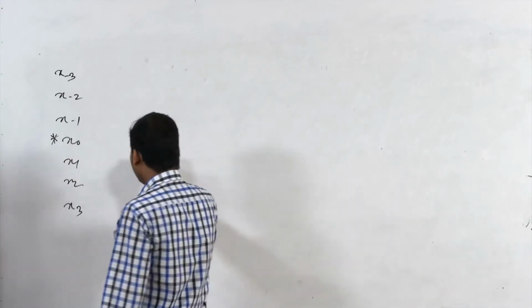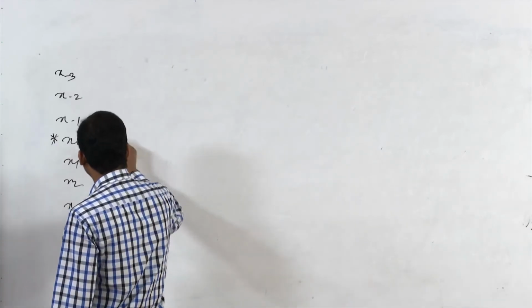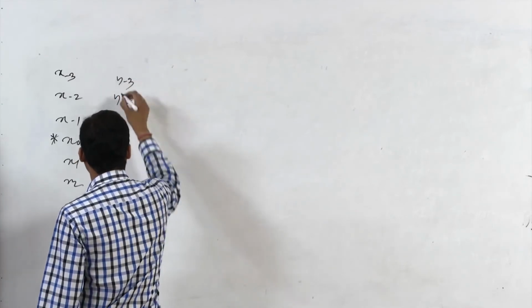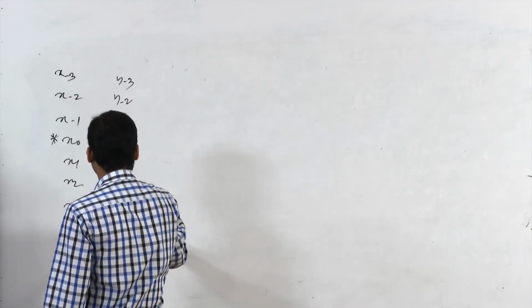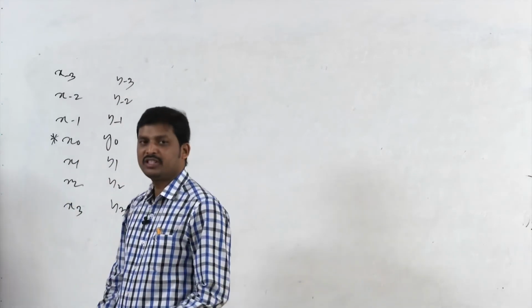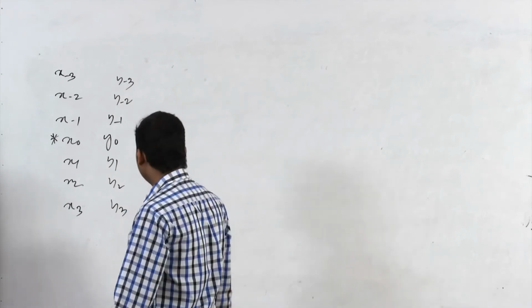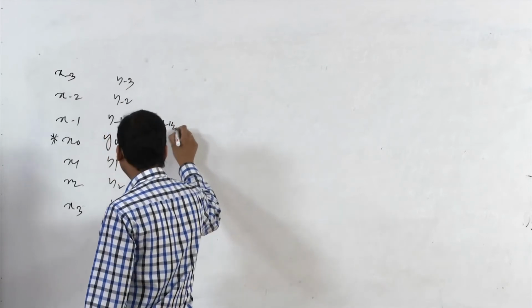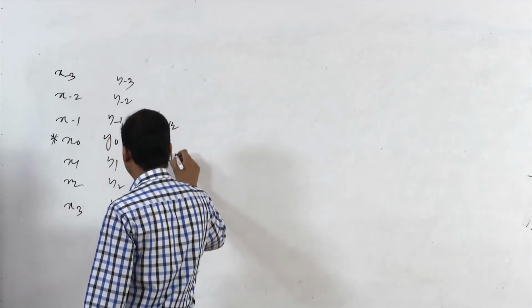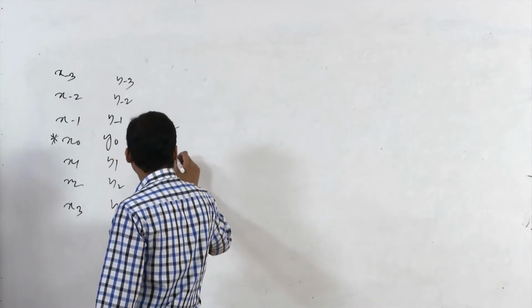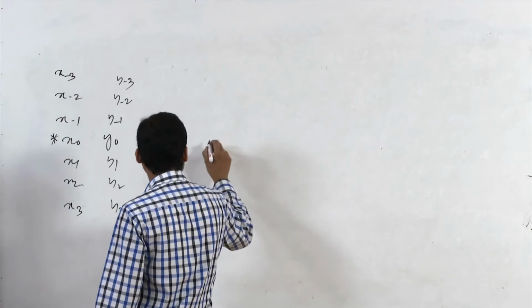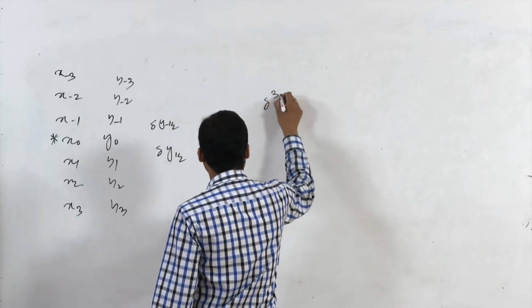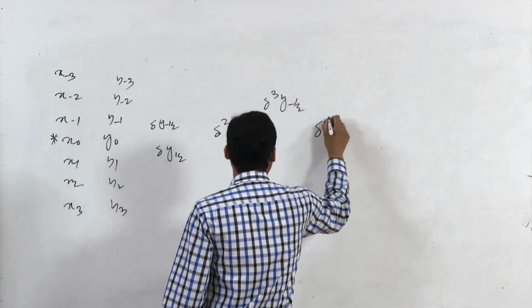The corresponding y values, or functional values, can be expressed as y0, y of -1, y of -2, y of -3, y1, y2, y3. Using the central difference approximations, we can write del of y of -half, and del of y of half, similarly del square of y0, then del cube of y of -half, then del to the power 4 of y0.